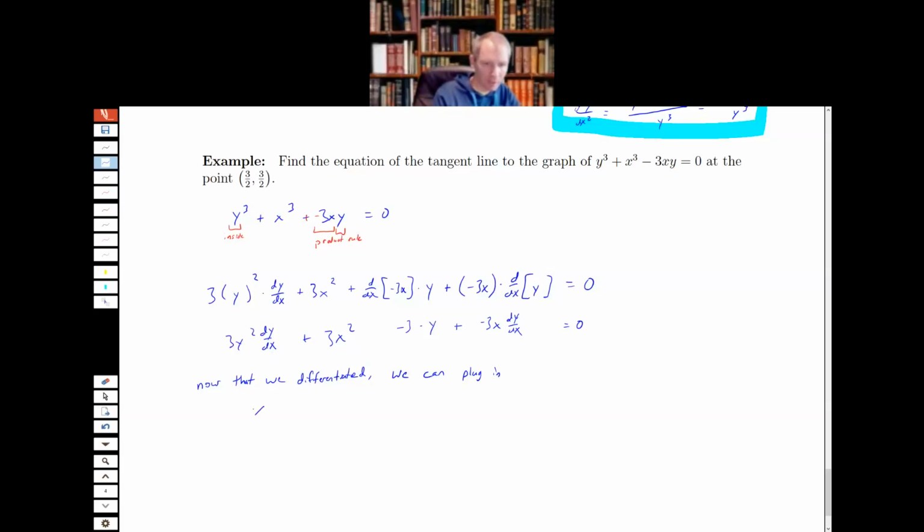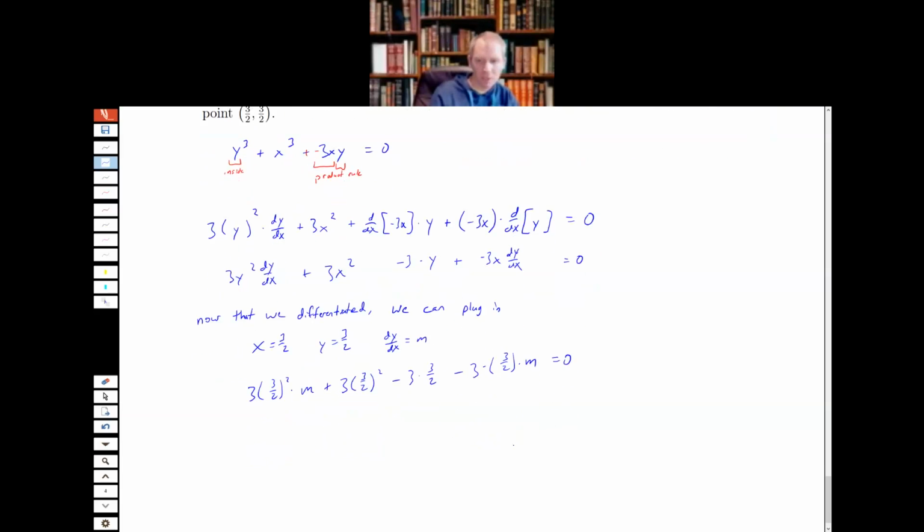So I'm going to plug in x is 3/2, y is 3/2, and now instead of having a derivative, I have a slope. So we have 3 times 3/2 squared times m plus 3 times 3/2 squared minus 3 times 3/2 minus 3 times 3/2 times m equals 0.